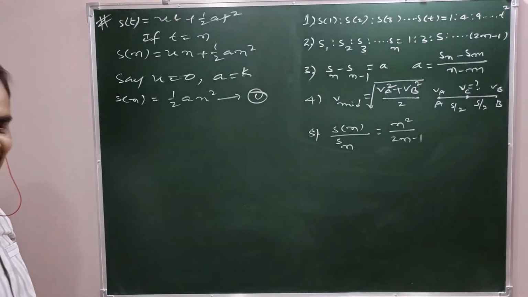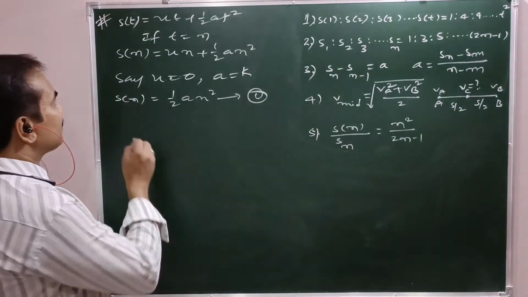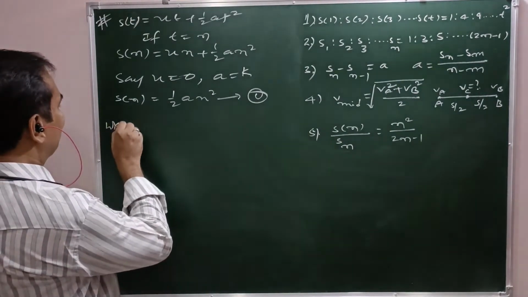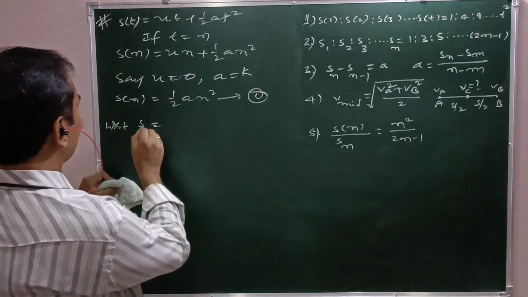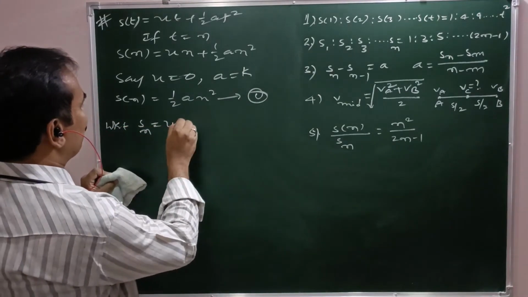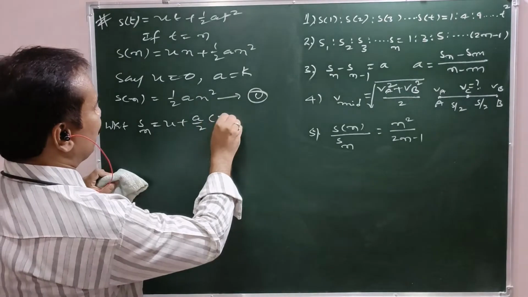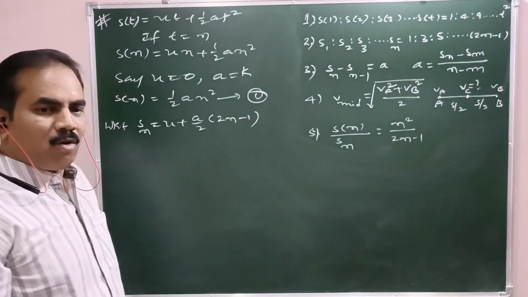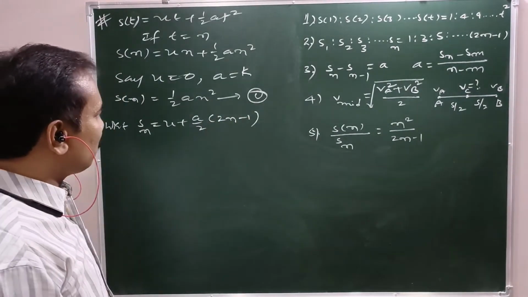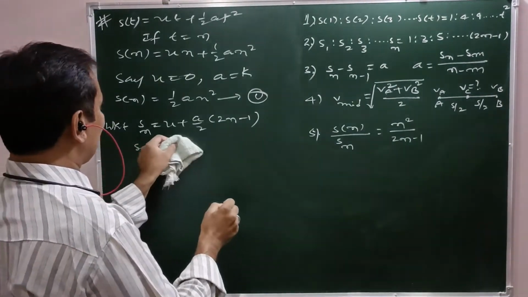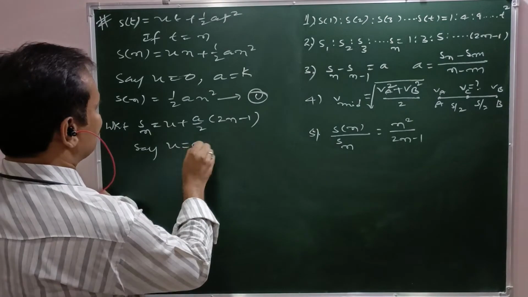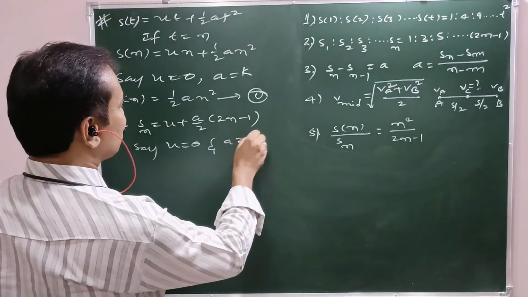Similarly, what is the expression for s suffix n? We know that s suffix n means distance covered in nth second. S suffix n equal u plus a by 2 into 2n minus 1. Say u equal to 0 and a is constant.